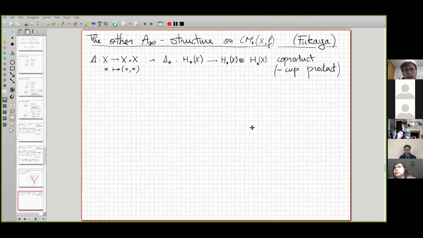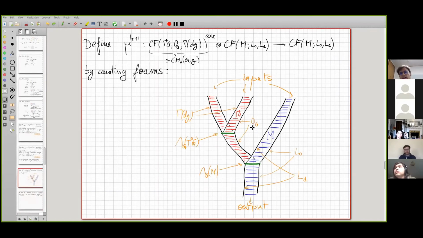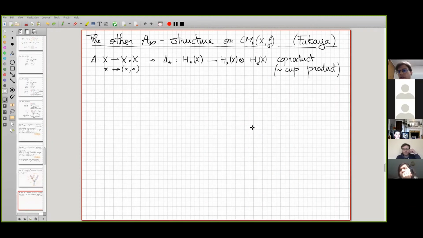Another thing it's interesting to notice is that in Morse homology, there's another very similar infinity structure that you might have already seen. Usually it's in cohomology, and it corresponds to the cup product. But since we're working in homology, for us it will be a coproduct.